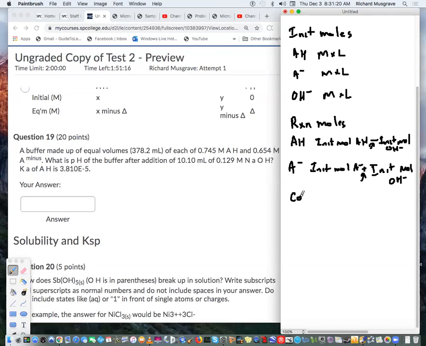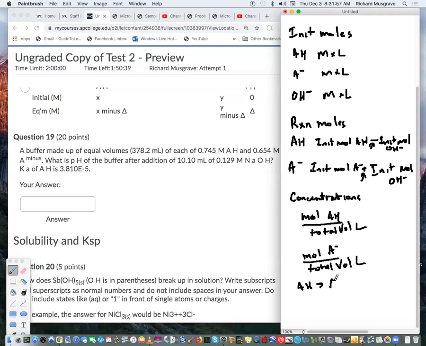Then we look at concentrations. And that's going to be the moles of AH divided by the total volume in liters, and the moles of A minus. And then you'll have your equilibrium here.